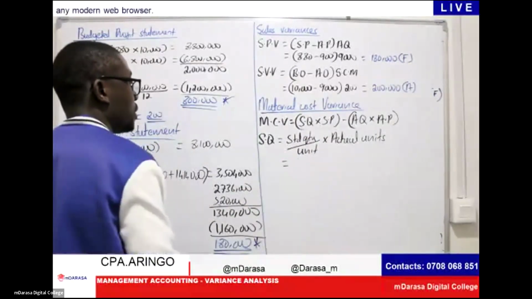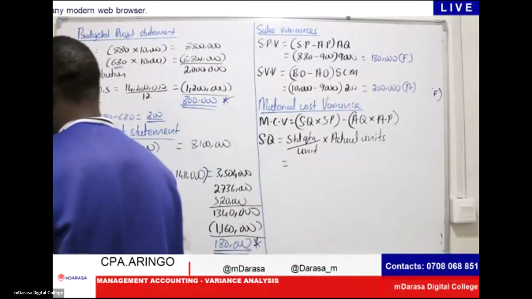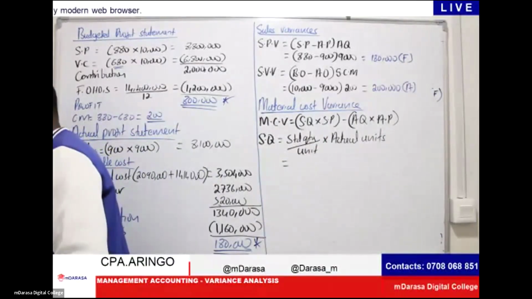So we can agree that for our actual units, we should have our standard quantity per unit.